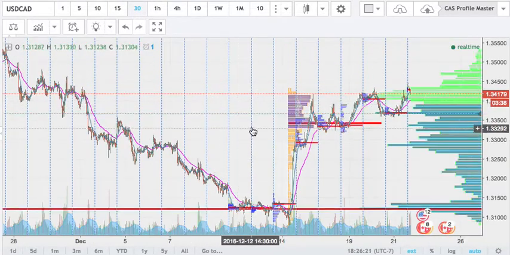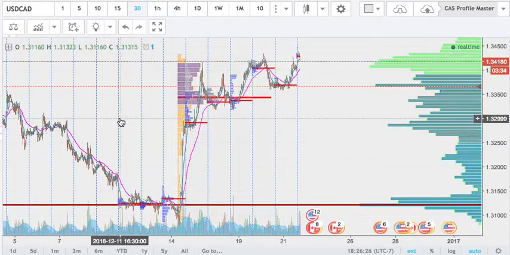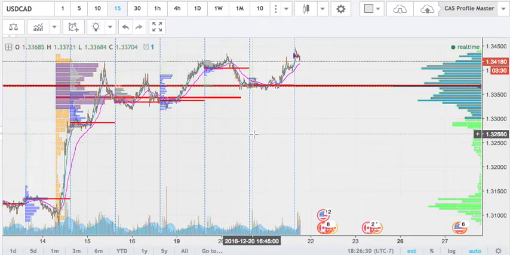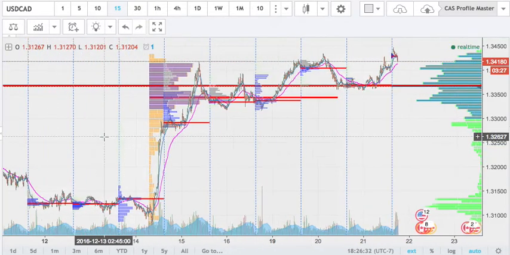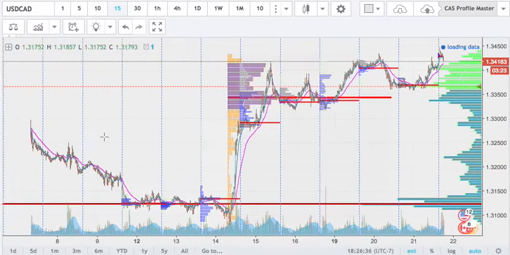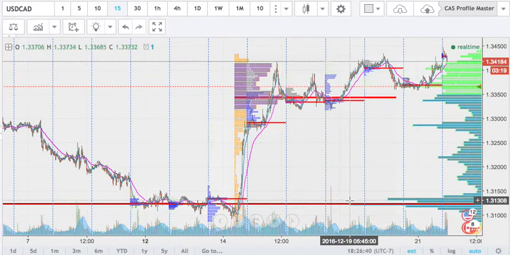I'm going to show a couple charts here. So I want to show you a couple weeks, and we're going to go back here so you can see a couple weeks, and you'll note back here to the 7th that our point of control is much lower, 131.